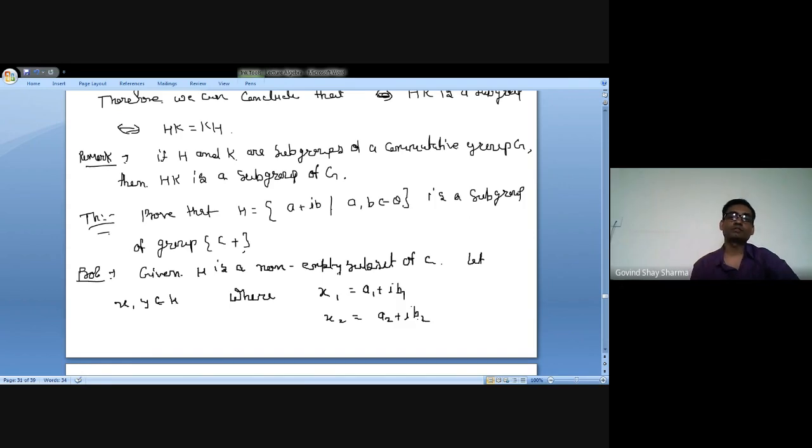We see H is the type of element a plus iota b. So we take x and y, two elements of H. So x will be of the type a1 plus iota b1 and y is also of the type a2 plus iota b2.